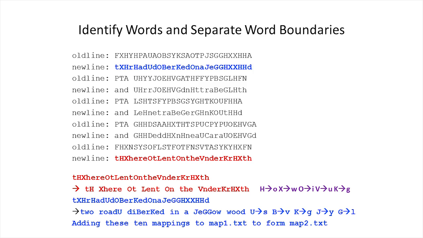We yield additional mappings: U maps to plaintext S, B in ciphertext maps to V, J maps to Y, and ciphertext alphabet G maps to L.